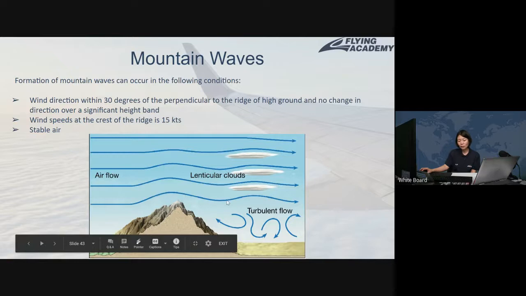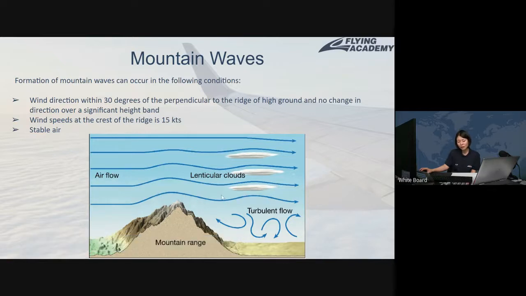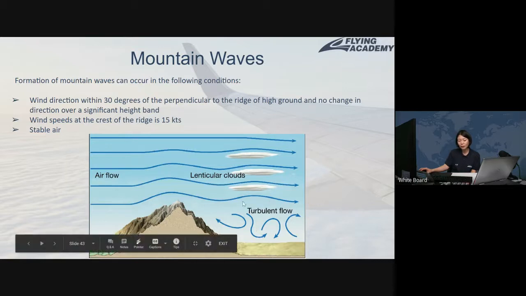When it comes to the disturbance of the airflow, at the higher level it's okay, there is still a wave, but at the lower level turbulence starts happening a lot. So if your aircraft is coming like this toward the upwind side at low level, you can encounter quite strong turbulence below here.